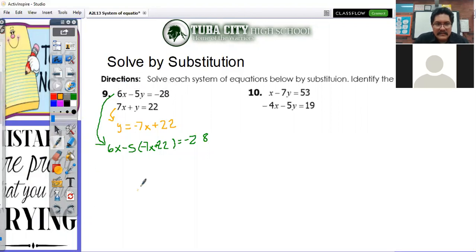Now I'm going to have to use my distributive property, 6x plus 35x. And negative 5 times 22 is negative 110, because 5 times 2 is 10, and 5 times 20 is 100.